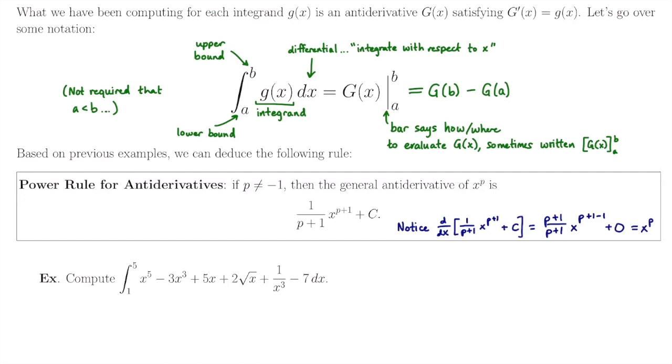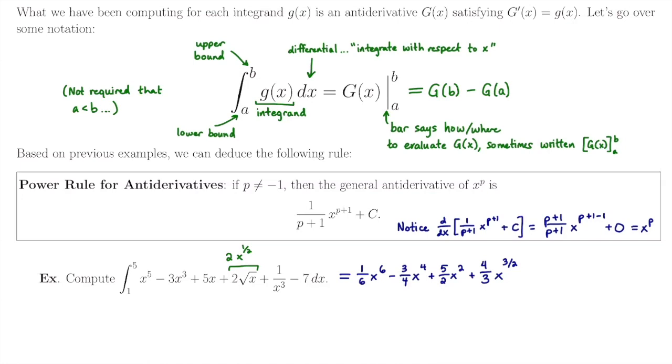By the power rule, the antiderivative of x to the fifth is 1 over 6 x to the sixth, minus 3 times 1 over 4 x to the fourth, plus 5 times 1 over 2 x squared, plus, now for the square root term, I want to think of that as x to the 1/2. So if I add 1 to that, x to the 3/2, and then 3/2 would drop down. So I need to do 2/3, but then multiply that by the 2 out front. So the coefficient has to be 4/3.